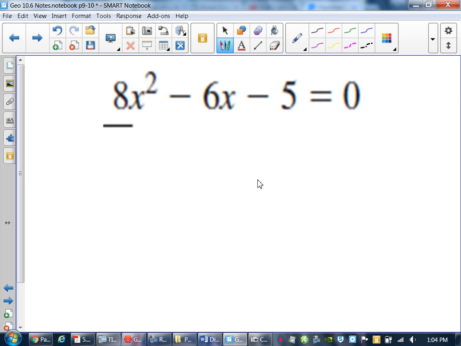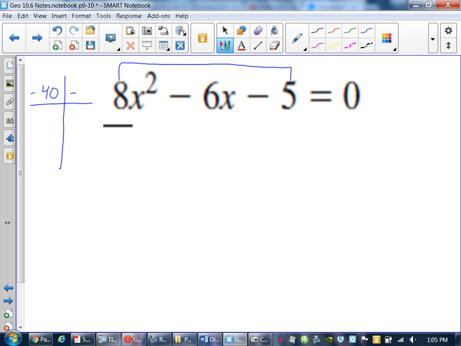Because what happens when you have that first term that's not equal to 1, you have to change your mindset of how do you finish the problem. Well, in this case, what we do is we still multiply our tails. 8 times negative 5. We have negative 40.